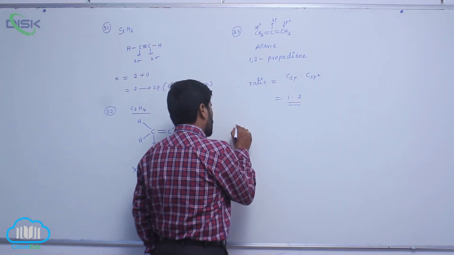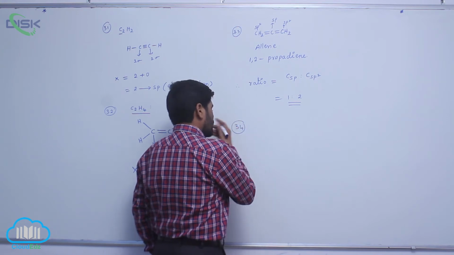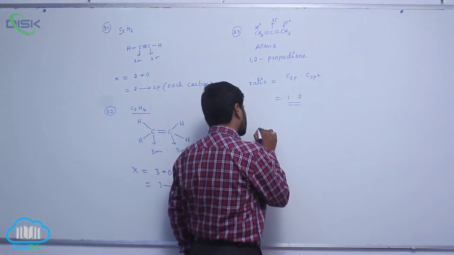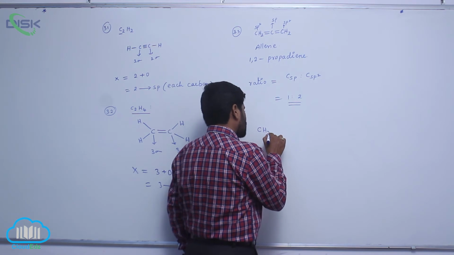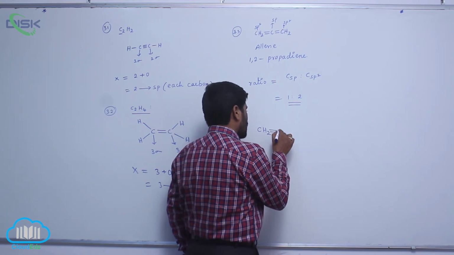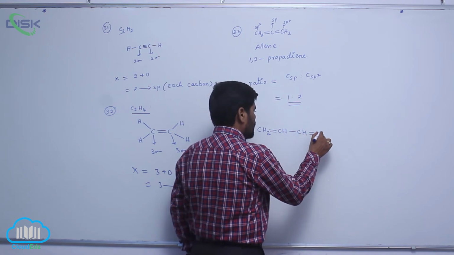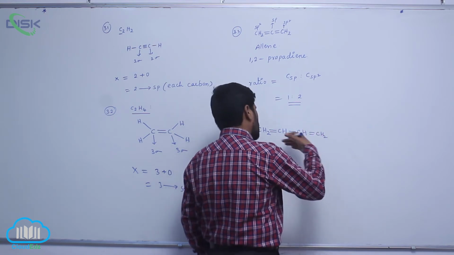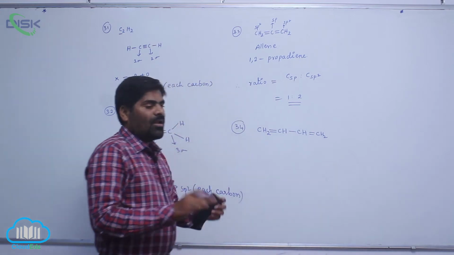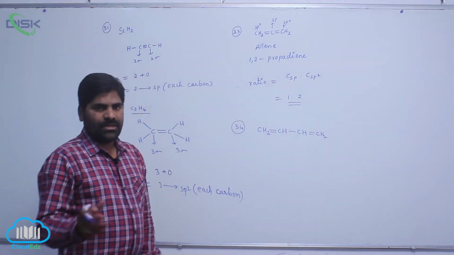Then 34, CH2 double bond, here is CH double bond, here is CH2. If a carbon has all single bonds, sp3.